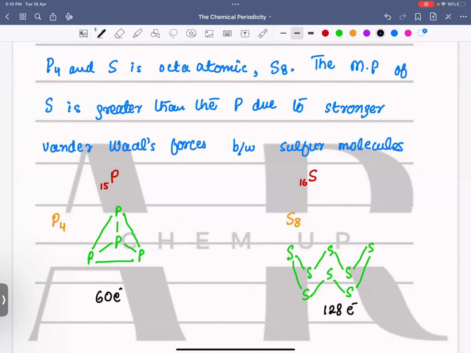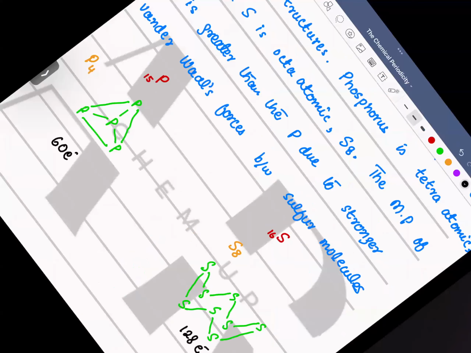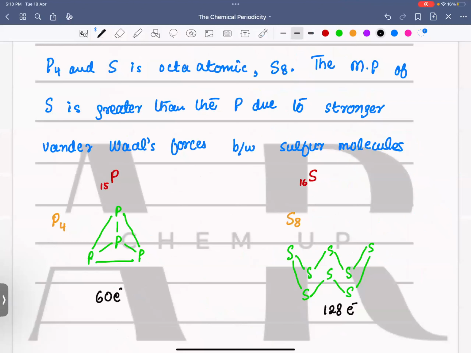So obviously, the forces of attraction between sulfur molecules would be greater than the forces of attraction between the phosphorus molecules. Is this clear to everyone? Okay.